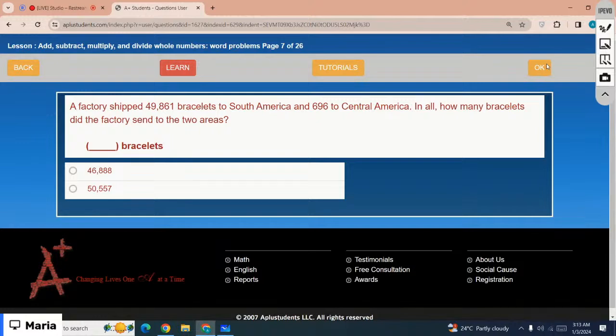You have to calculate the total bracelets they have, right? You need to add them. So the correct option is, yes, that is option number 2.